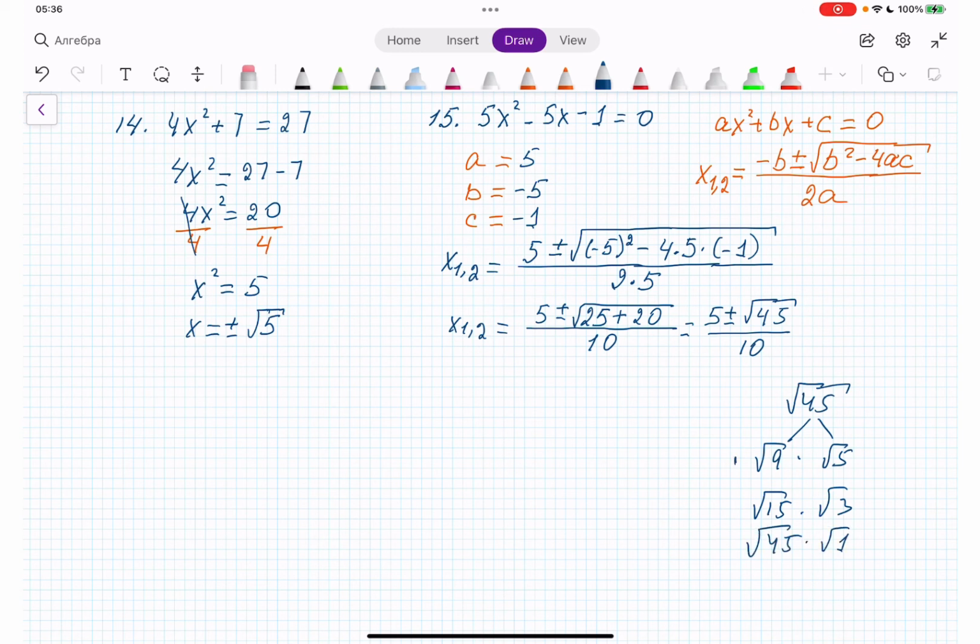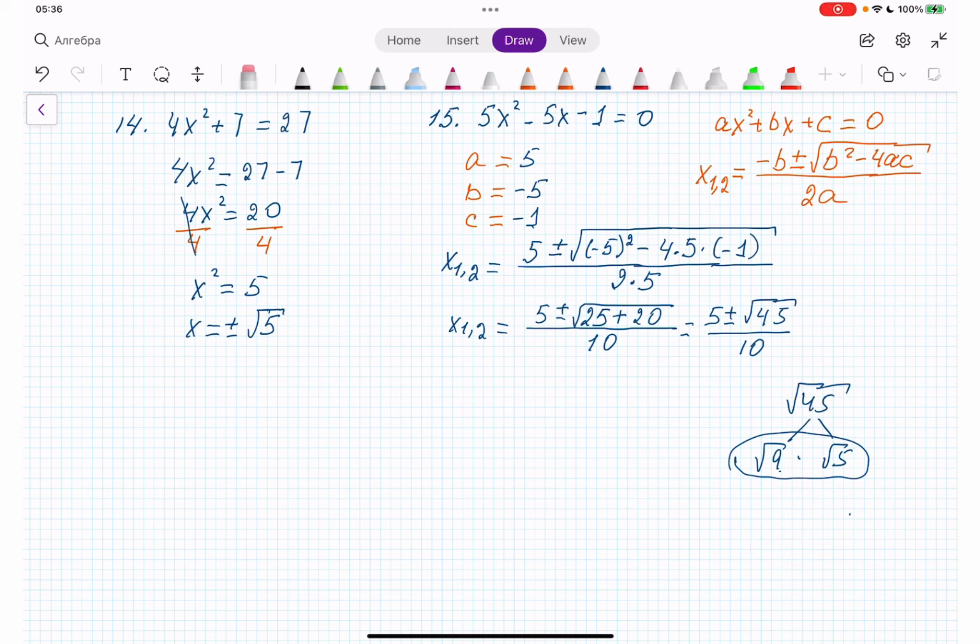But the reason I picked 9 and 5 is because the square root of 9 is free. With the square root of 15 and the square root of 3, no whole numbers come out. And with the square root of 45 and 1 also, there is no whole number that would come out. Therefore, I stick with the square root of 9 and the square root of 5.